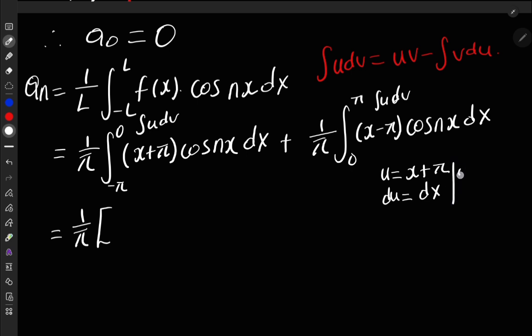Then your dv is going to be cos nx dx, and then your v will be sine nx over n.